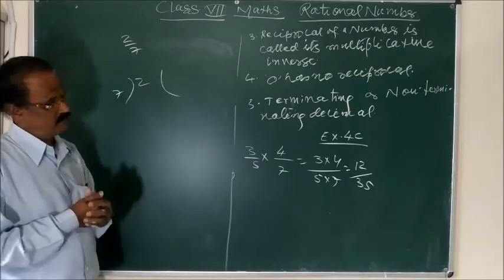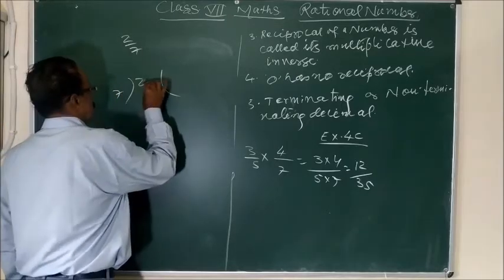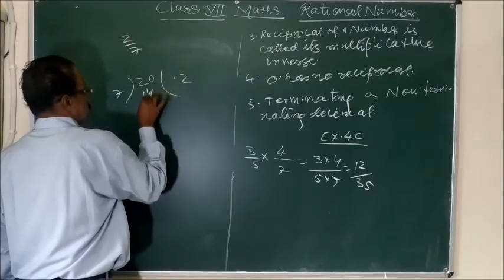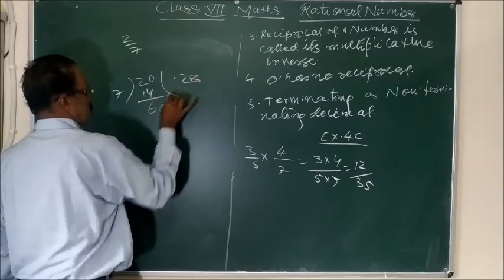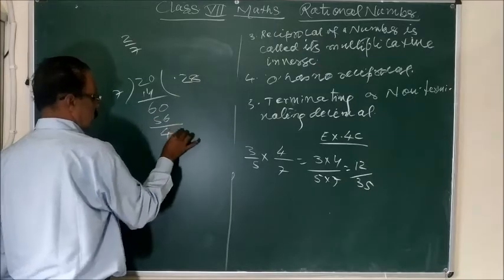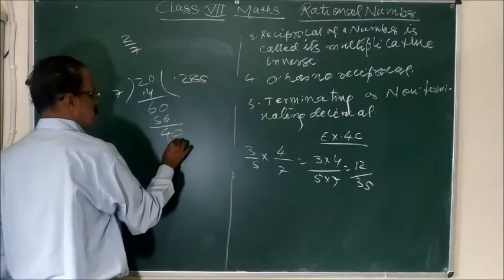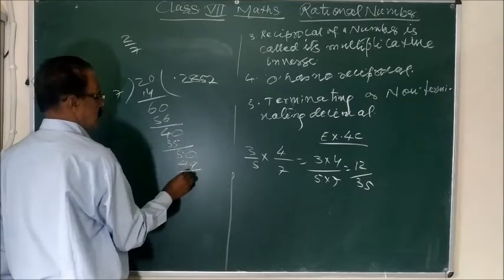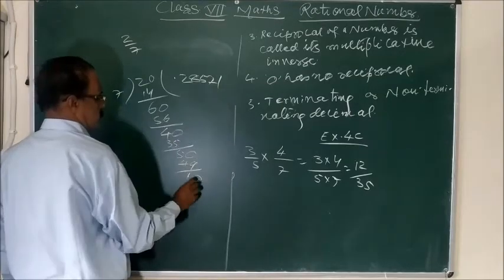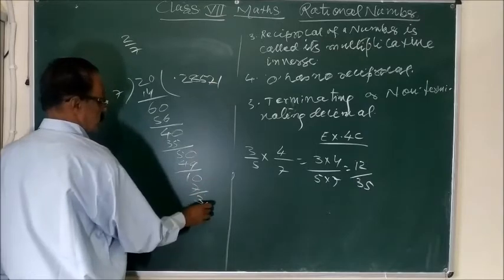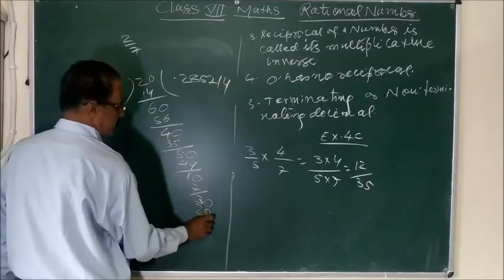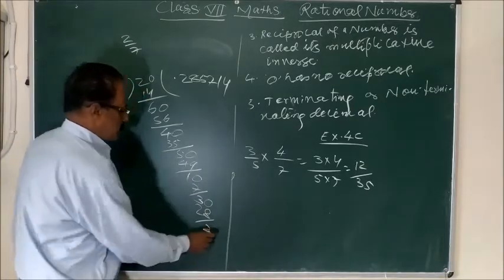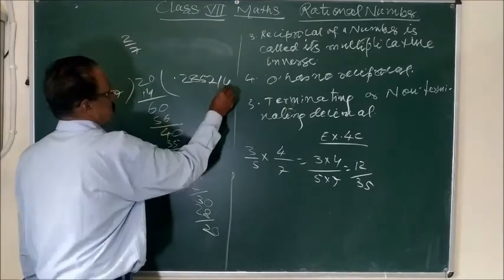Maybe smaller, maybe greater. 2 is divided by 7, not divisible, so you put 0, here will be a point. 7 twos are 14, this will be 6, 0, 7 eights are 56, this will be 4, 7 fives are 35, you will get 5, you put 0, 7 sevens are 49, you will get 1, you put 0, 7 fours are 28, you will get 2. Now here you see 2 again, you will put 0, so that will be repeated.